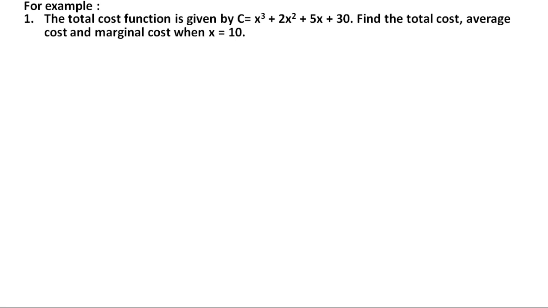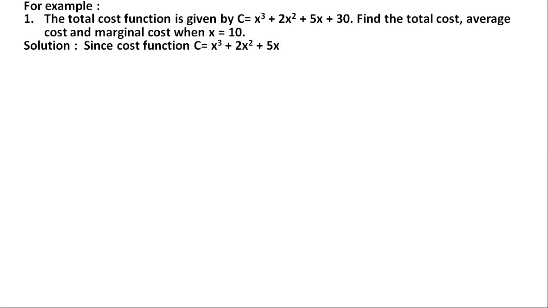Now start solving the question. Solution. Since cost function C is equal to x raised to 3 plus 2x square plus 5x plus 30 is given, therefore average cost AC is equal to C, that is cost function, divided by x.